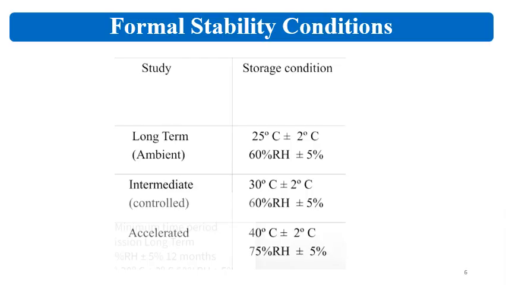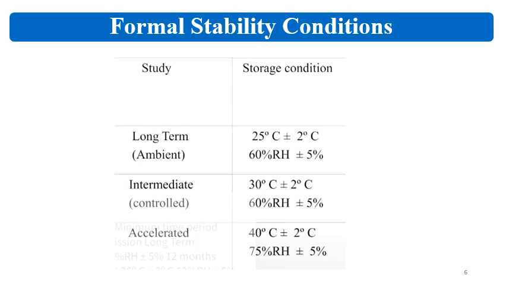Formal stability conditions I have enlisted here like long-term condition, intermediate conditions and the accelerated condition. To have the formal stability data to calculate the shelf life and expiry period, the formulations are required to be loaded for stability on these conditions.